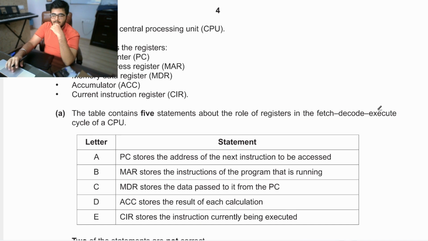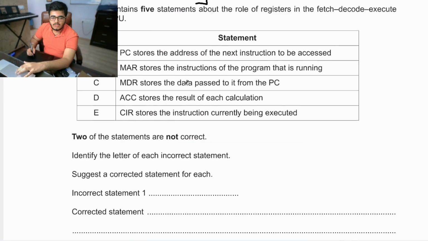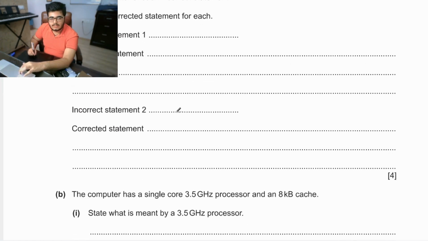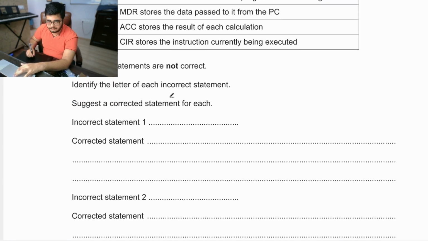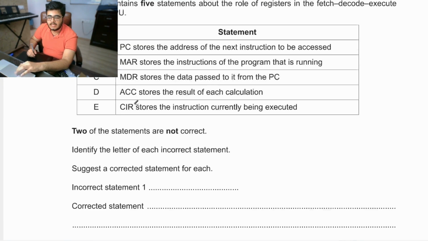Next question is from chapter 3, hardware. It says a computer has a CPU, it has MAR, MDR, ACC and CIR. So they have given you registers, they have given you program counter and accumulator. Okay, so all three are registers, right? So you need to specify which is the incorrect statement, right?